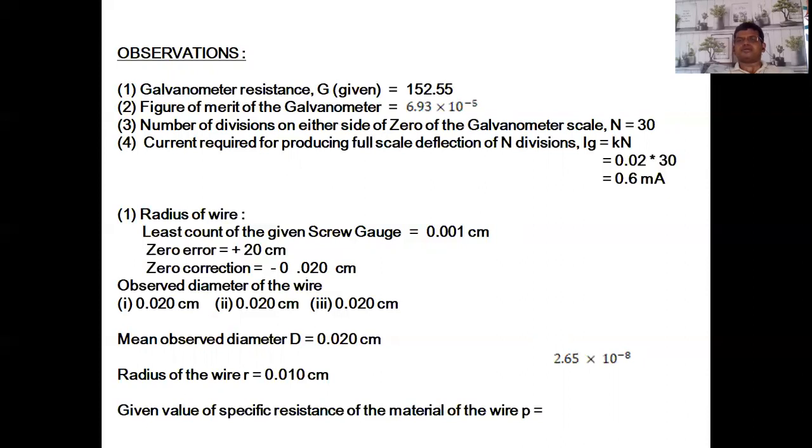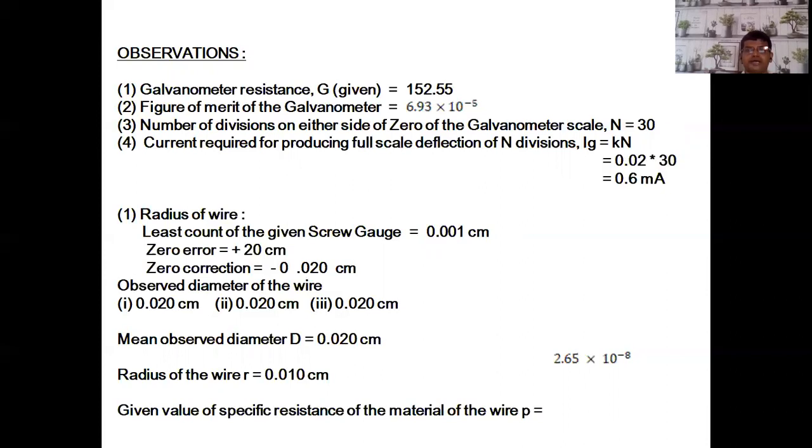Now the second value, the figure of merit. It is a value you directly copy from practical number 6.1. And friends, suppose the examiner has not given the value of the figure of merit. How can it be written? As I told you in practical number 6.1, the figure of merit value has 10 raised to the power minus 5 compulsorily, and before that any value like 1, 2, 3.